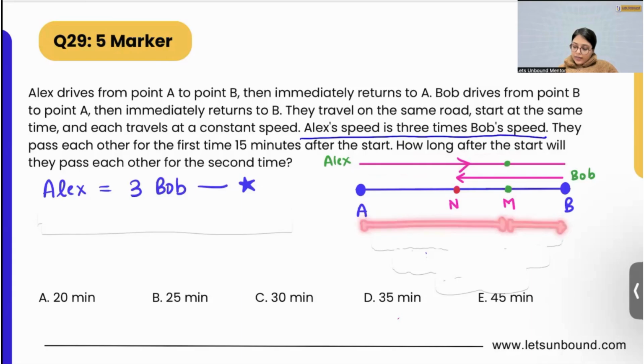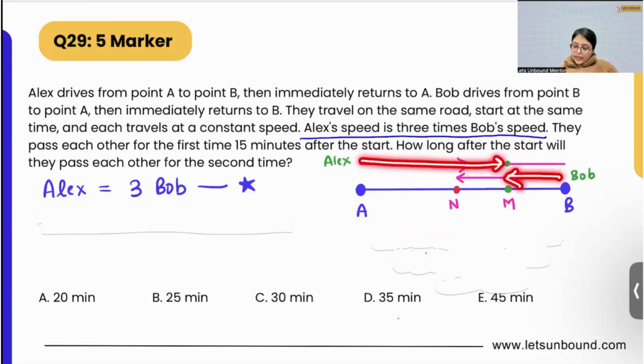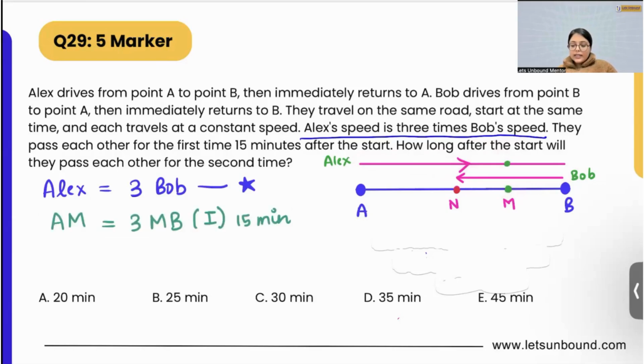So Bob has traveled only this much. The below pink line is for Bob, the above one is for Alex. Alex is here, Bob is here. So you can clearly see they both are meeting for the first time, and that took 15 minutes. So AM is 3 times MB.